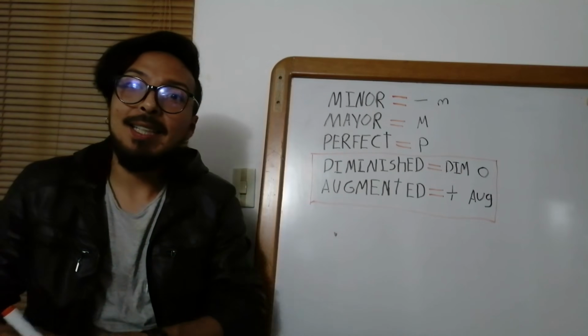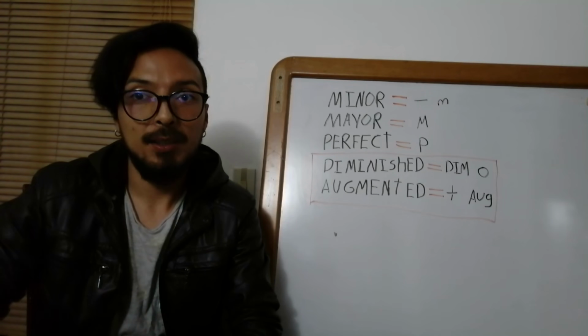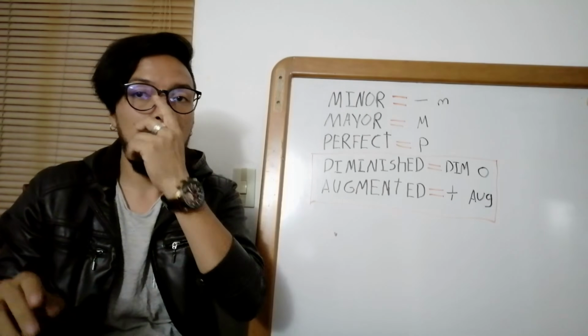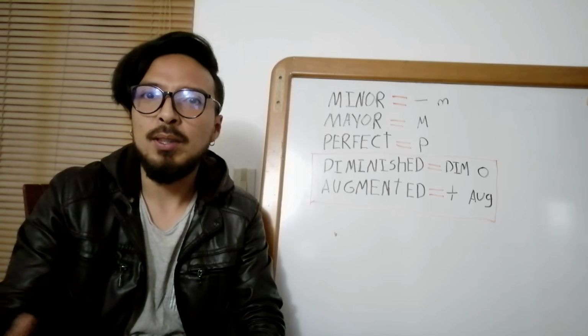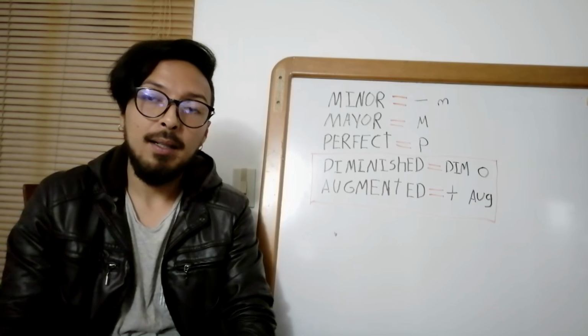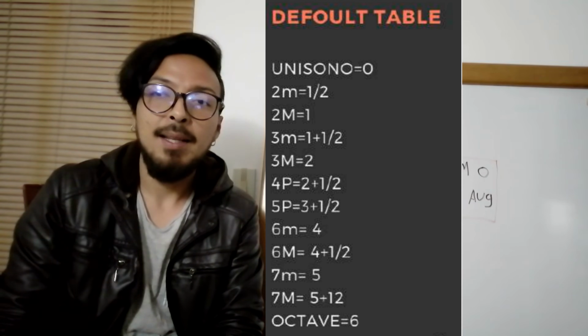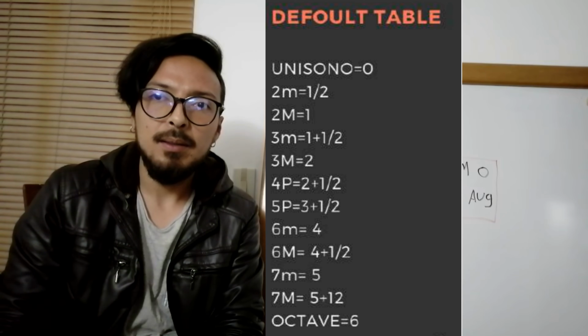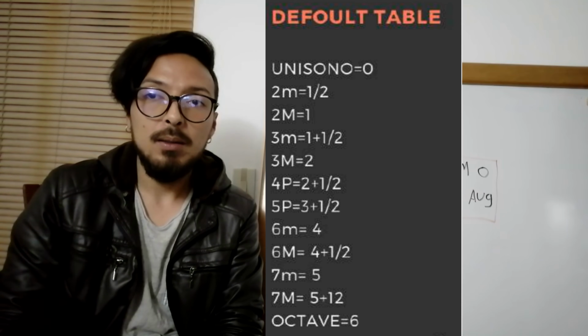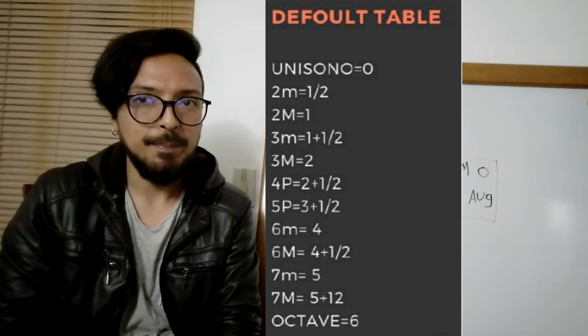Augmented and diminished intervals. There is a simple rule that we can use to name those intervals. I'm going to bring one more time our table, and if you see an interval bigger or smaller, we are going to use those terms.